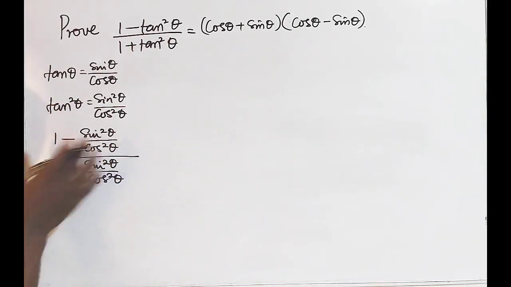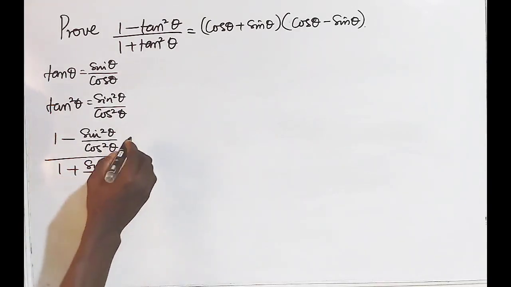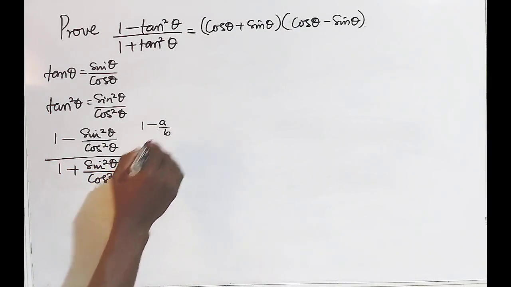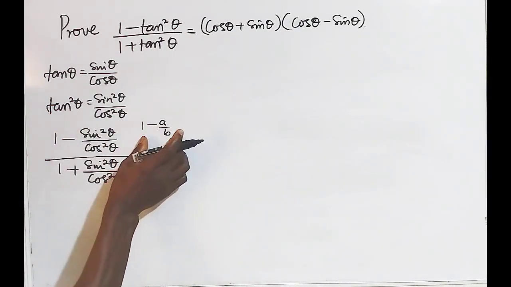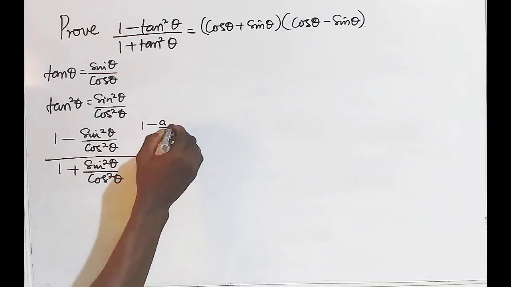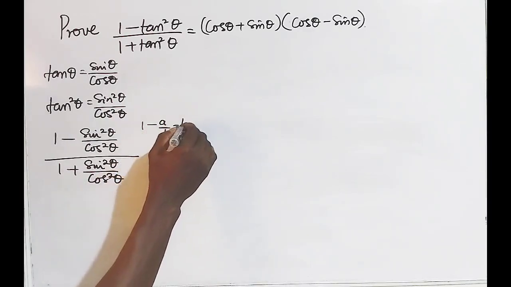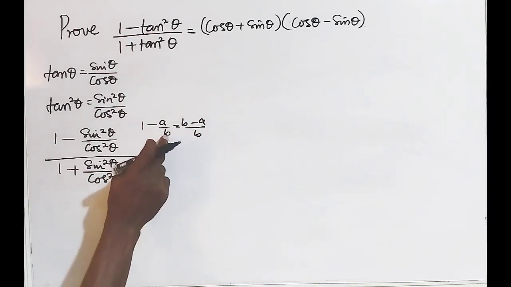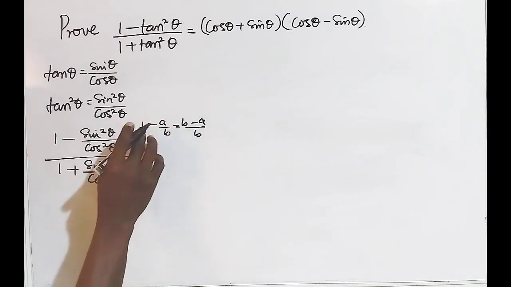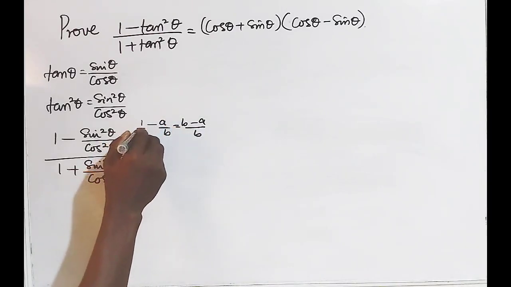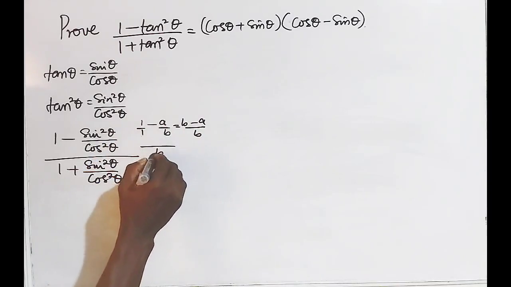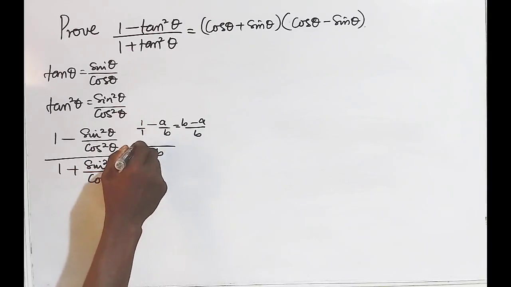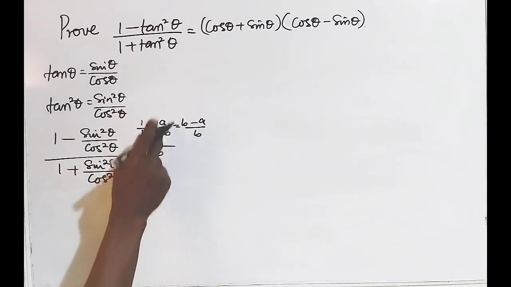Alright, resolving this, take note that when you have 1 minus a over b, for us to resolve this to a single fraction, this is b minus a over b. The 1 is 1 over 1, then the LCM is b. b in b is b, times 1 you have b. b in b is 1 times a.